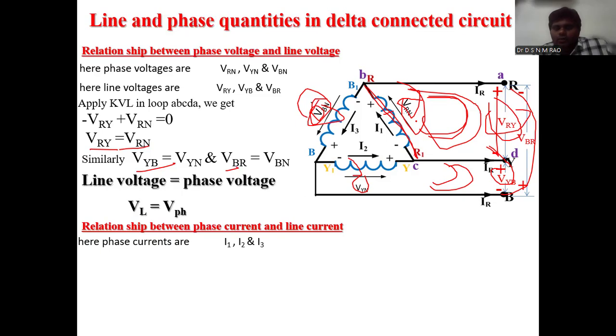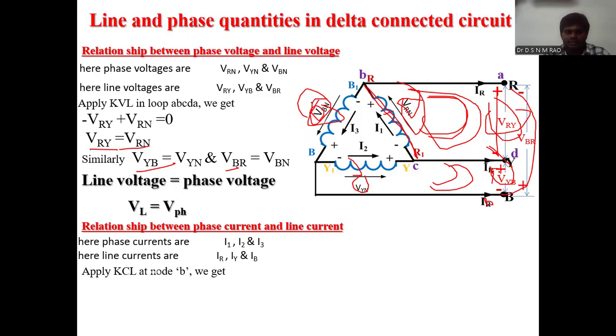Now we will see the relationship between phase and line currents in a delta connected system. As we defined, I1, I2, I3 are the phase currents, and IR, IY, IB are the line currents. Now apply KCL at point B to find the relationship.